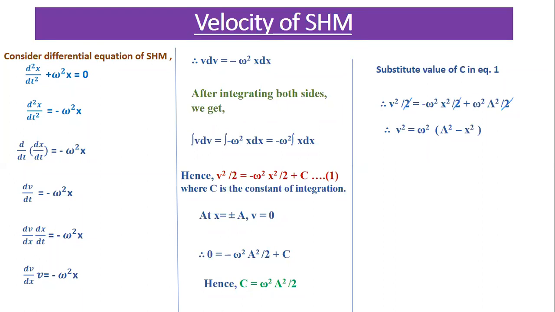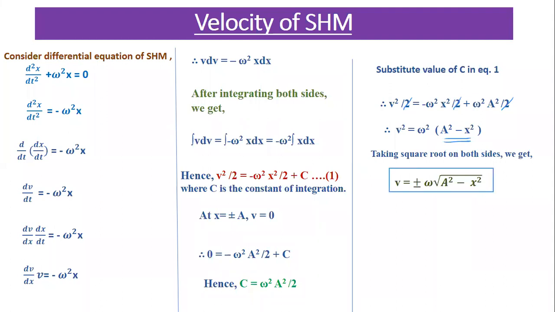So first we write A square and then minus x square. So this is v square. Taking the square root of both sides, we get the final formula for the velocity of SHM: plus minus omega root of A square minus x square. This is the expression for velocity of SHM.